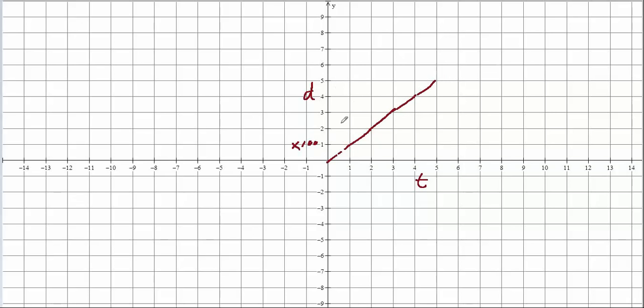If I was going to make this 100, then it'd have to be way beyond the top of the page, and it'd be hard to see. So, this went up 500 units, 500 feet. This went 5 minutes. This is feet. This is minutes.